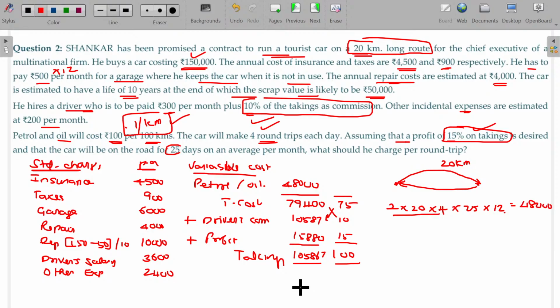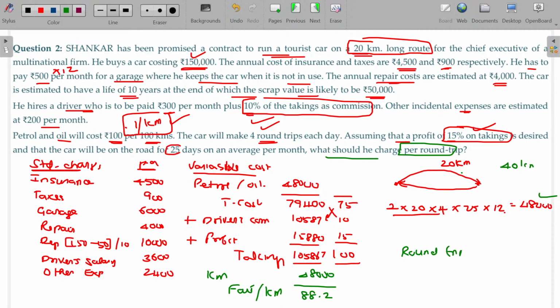Now, what is the question here? What should he charge per kilometer? This is for 48,000 kilometers. Kilometers driven being 48,000. Now tell me, fare per kilometer. 88.2 for a round trip. 88.2 into 40 kilometers.